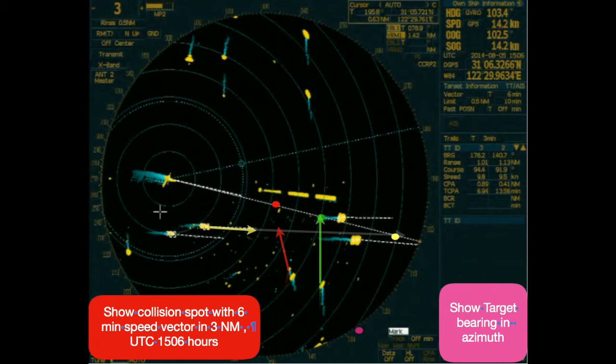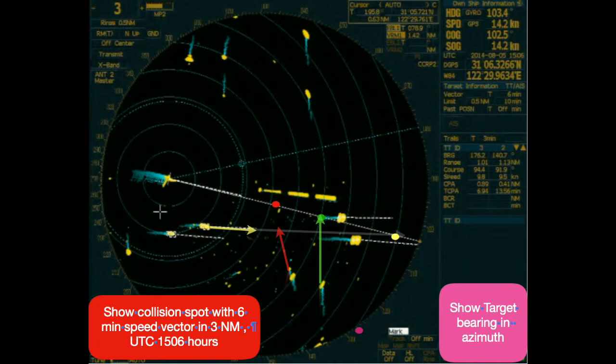And another northbound vessel, even if its speed is fast, because the green length is longer than the red one. Why is its spot green? Because for our ship to arrive at the green spot needs about 2 times of this 6-minute run. That's 12 minutes.